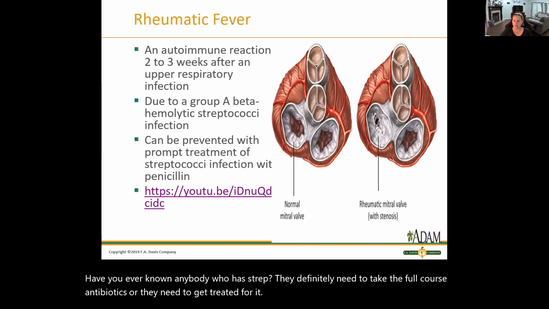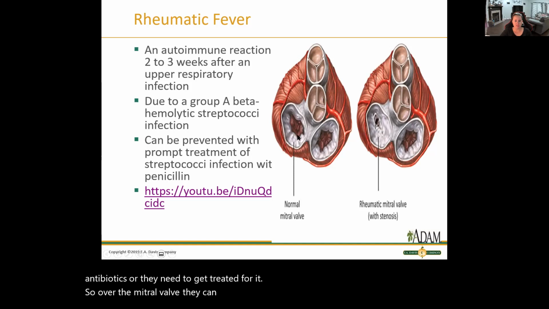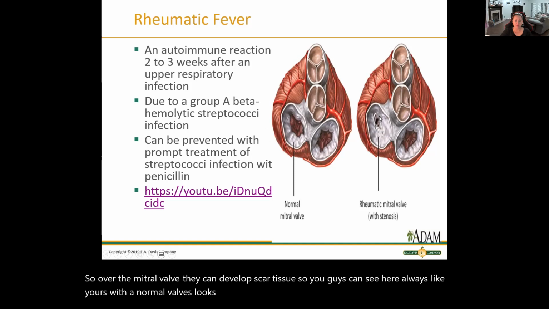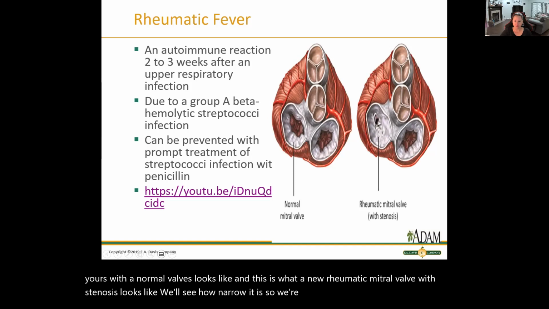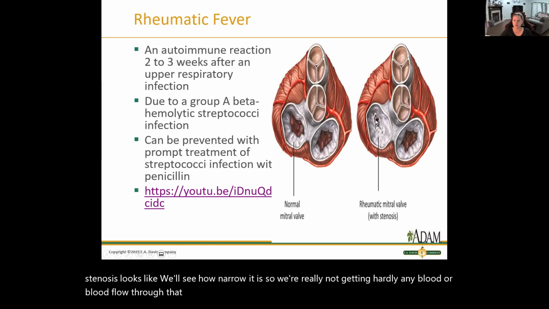So over the mitral valve, they can develop scar tissue. So you guys can see here, obviously here's what a normal valve looks like, and this is what a rheumatic mitral valve with stenosis looks like. You see how narrow it is. So we're really not getting hardly any blood flow through that valve, which is not a good thing.